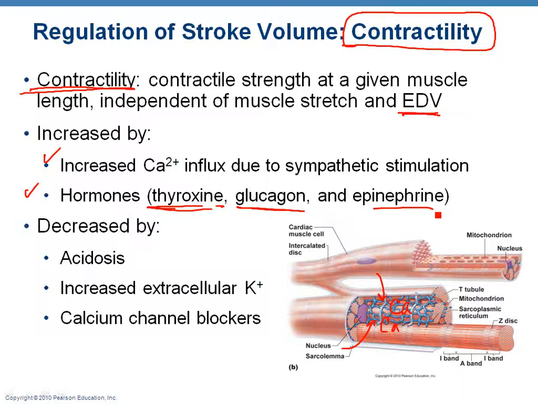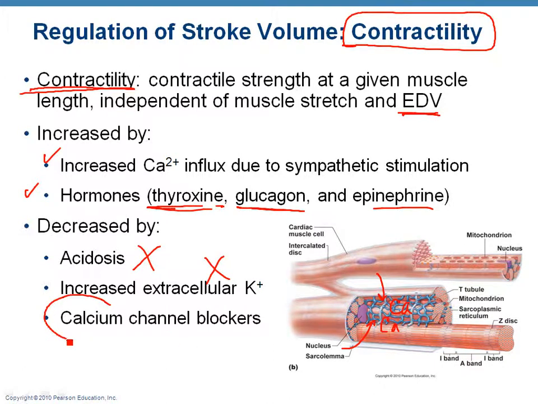Some things that decrease contractility: acidosis, if your body fluid pH is below normal, and increased extracellular potassium ions. That affects the charge difference across the membranes of your cardiac muscle fibers and makes it more difficult to depolarize them, leading to a contraction.